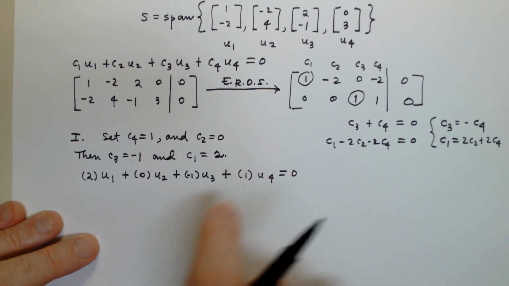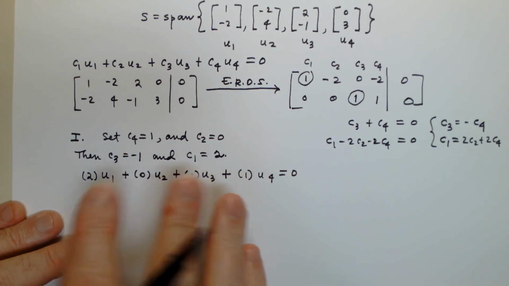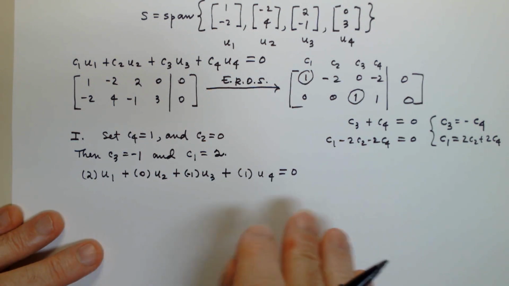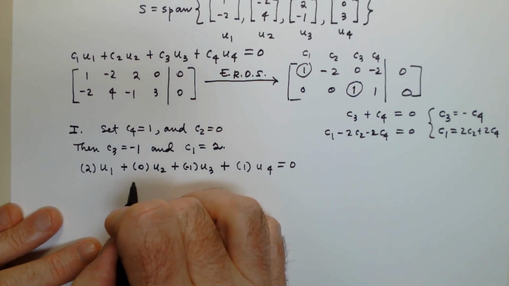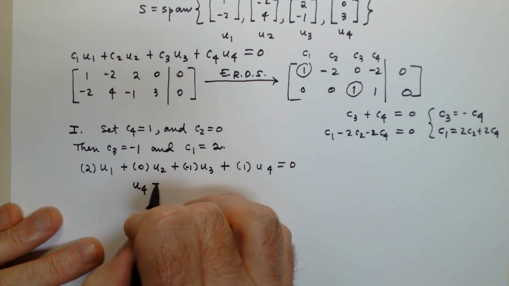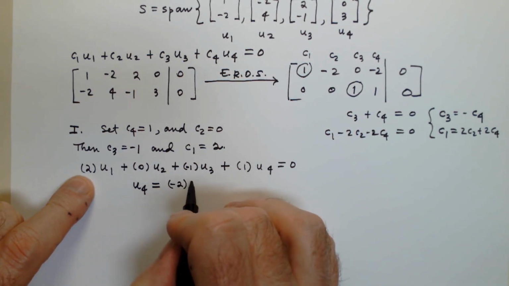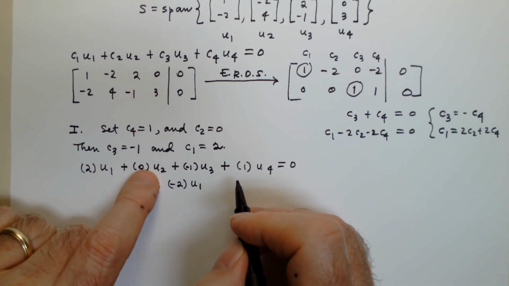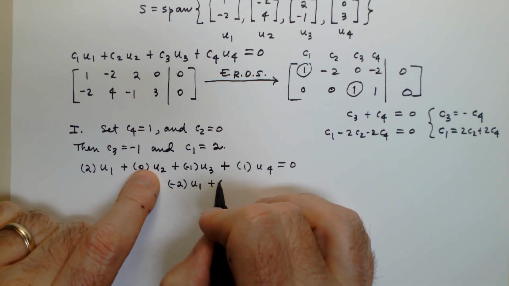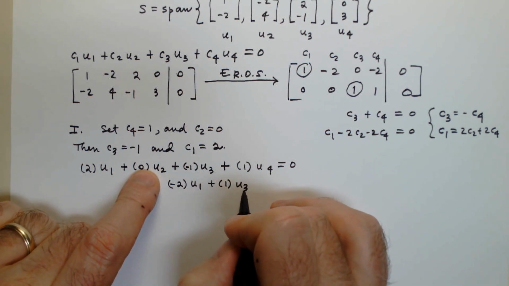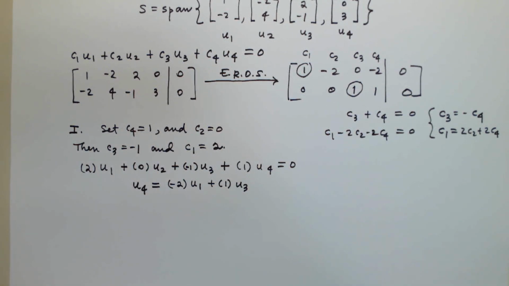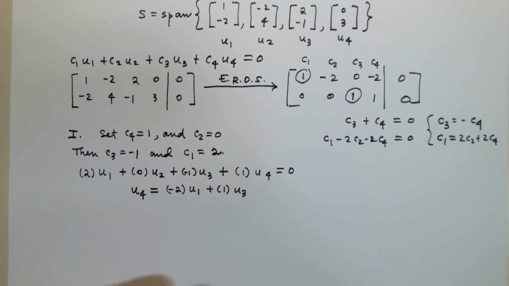Now let's solve this equation. Let's keep U4 on this side and move everything else to the other side. So let's solve this for the vector U4. So this is saying U4 can be expressed as a negative 2 times U1 plus a 1 times U3. So this says that U4 is actually expressible in terms of U1 and U3.